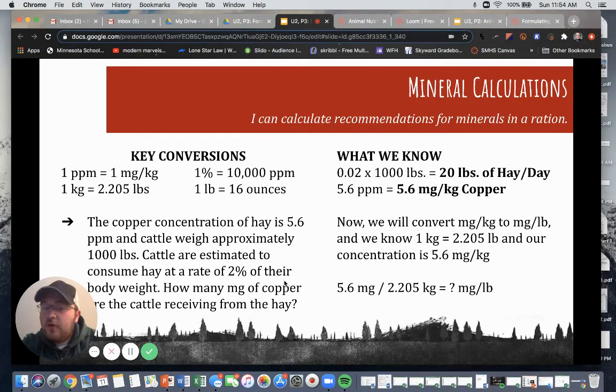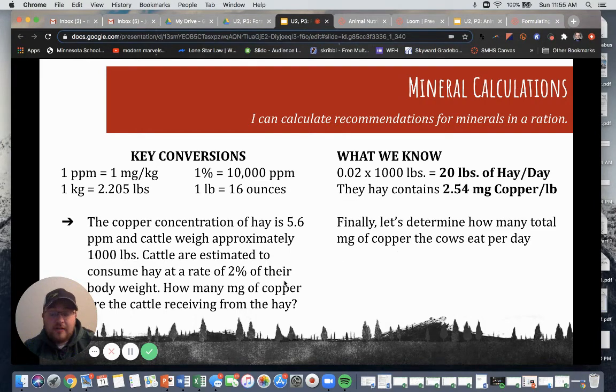So now we're going to take this information and convert milligrams per kilogram to milligrams per pound. We know that 1 kilogram equals 2.205 pounds because that's given to us in our key conversions, and our concentration is 5.6 milligrams per kilogram. So if we take 5.6 milligrams divided by 2.205 pounds, this is going to give us 2.54 milligrams per pound.